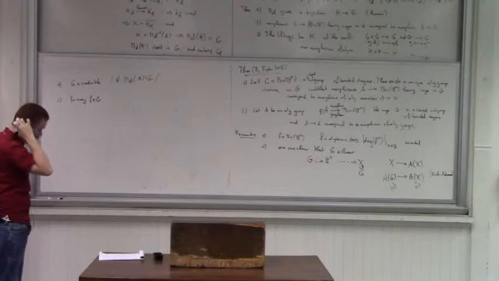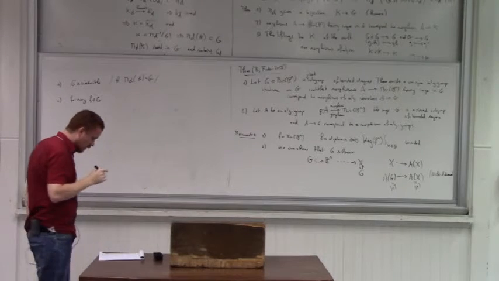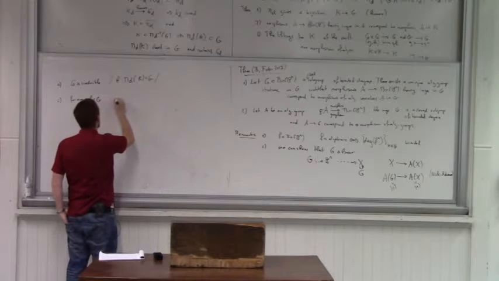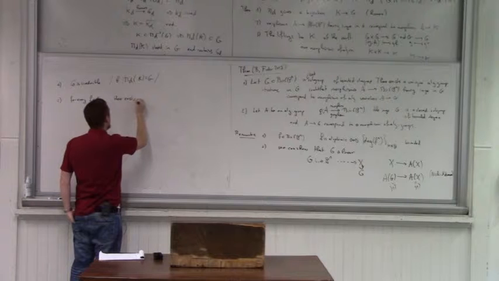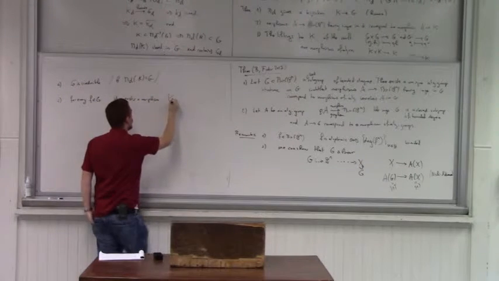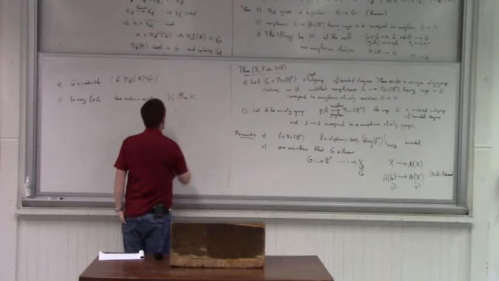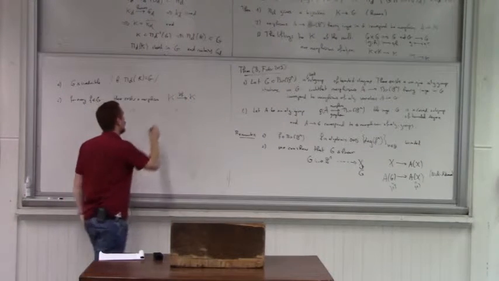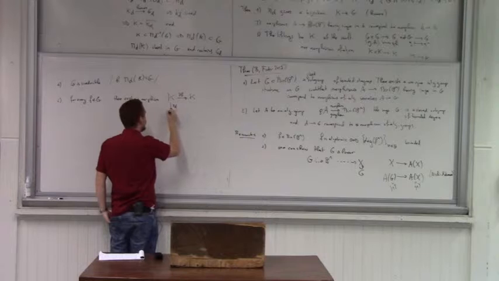I want the multiplication by f, and I want to say that this corresponds to a morphism of algebraic varieties K to K, which is compatible with. I know that this is surjective.